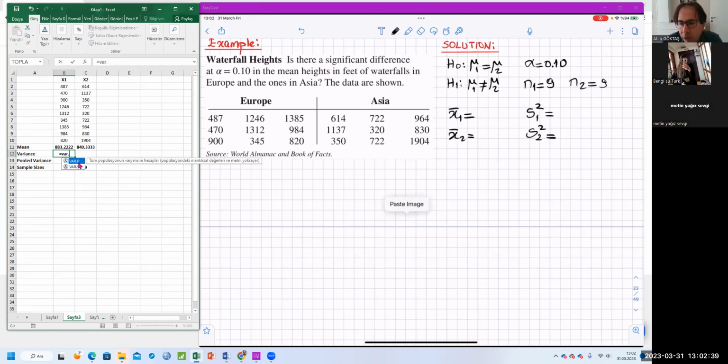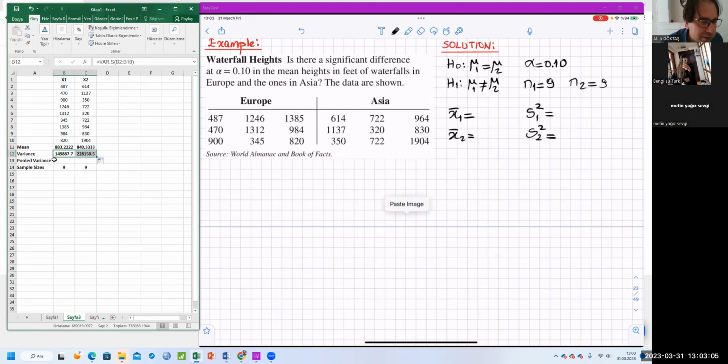If you pick the first one, it will be the population variance. The population variance is different because the division is not n minus one, it's n directly. So I select the data set to perform the calculation of the variance, and I can use the autocomplete function of Excel to calculate the second variance.